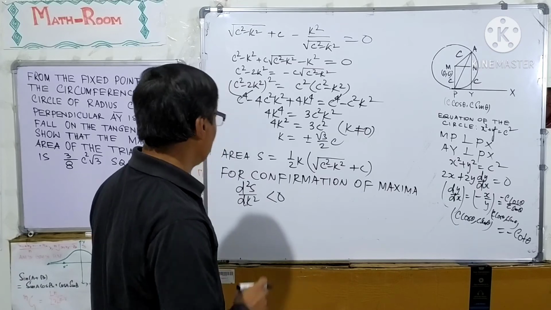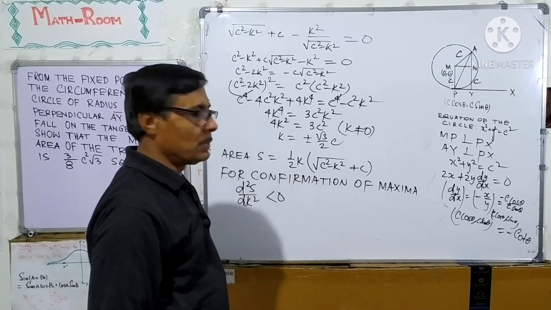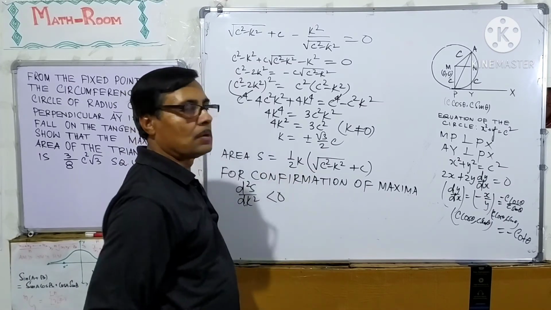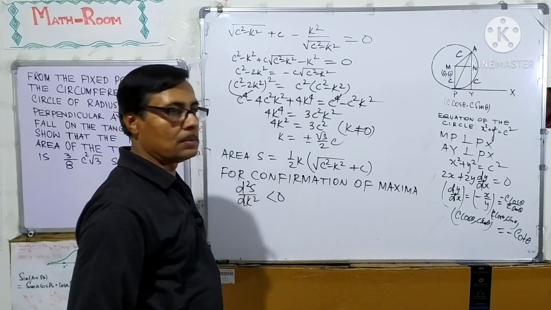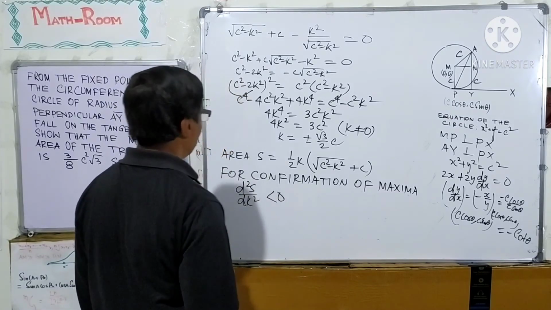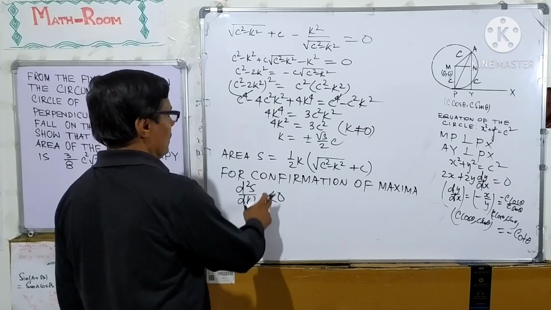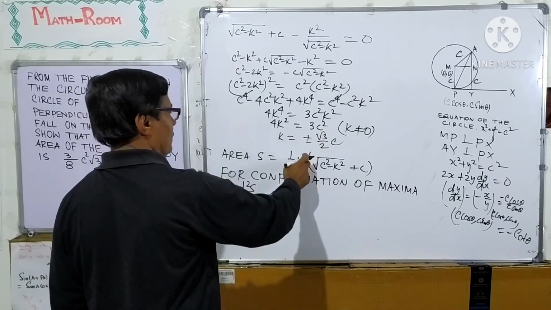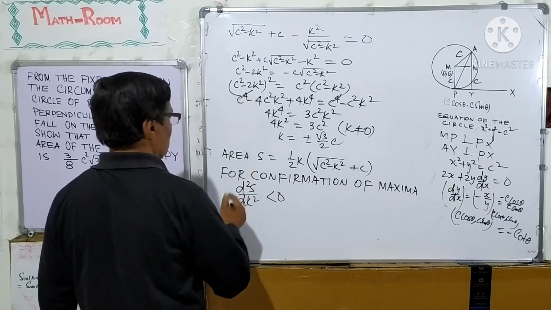This is the condition for confirmation of maximum value of any quantity. We have to show that the second order derivative of S with respect to k is less than 0 at k equal to plus minus root 3 over 2 c.